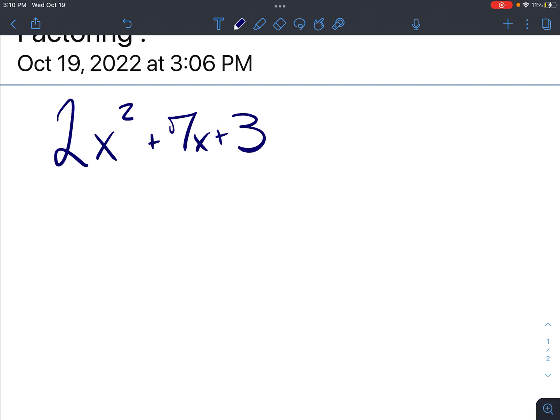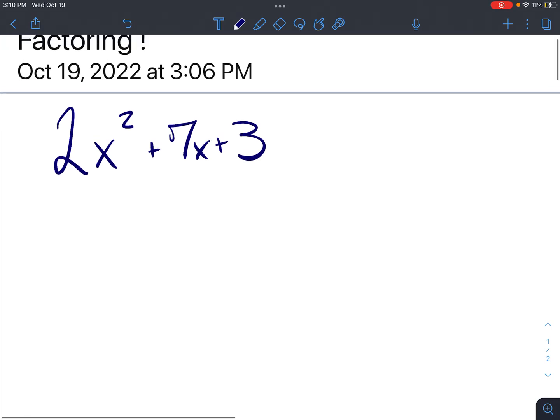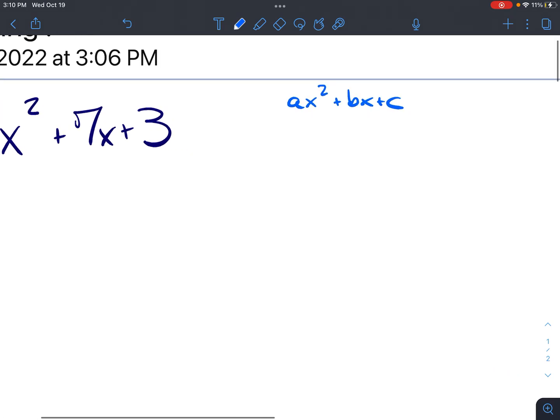Just remember, if the leading coefficient was 1, we would think of the factors of 3 that add up to 7. Now what we have to do is go back and write this out as ax squared plus bx plus c.